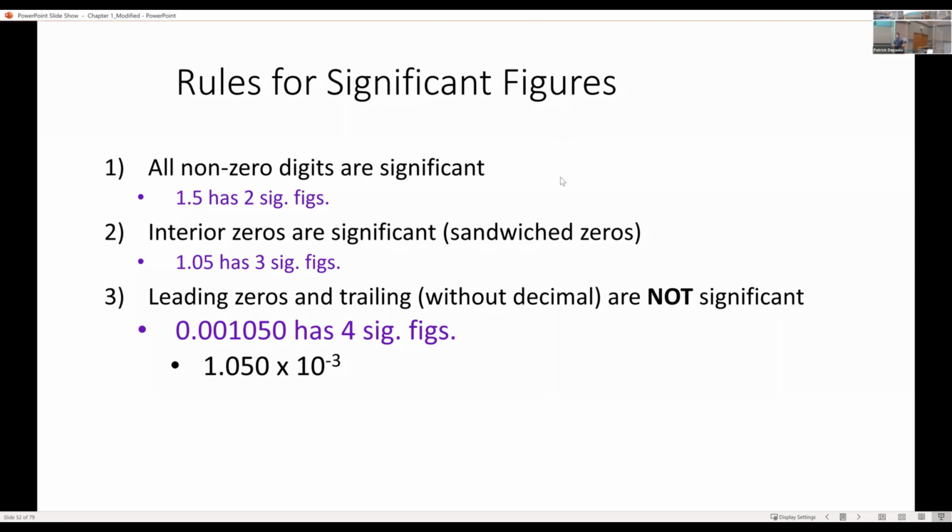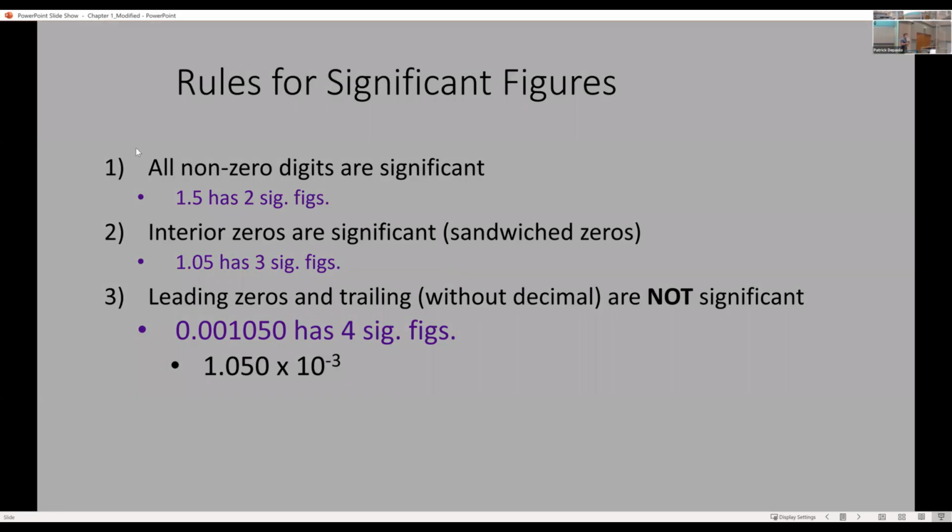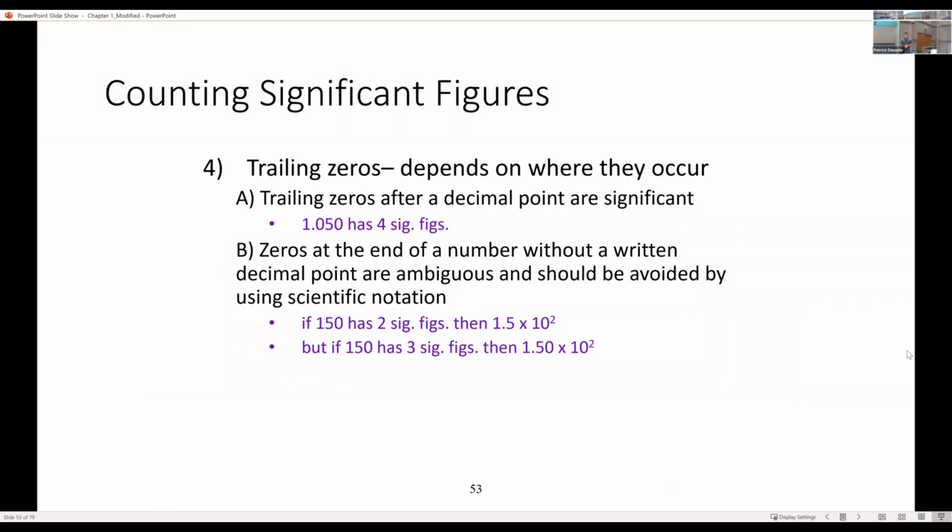Any questions on that? I know I went back and forth real quick, but the first thing is leading zeros do not count as sig figs. The ones in the middle of the number, the sandwiched ones, they do count. And for the trailing zeros, it depends on the presence of a decimal point.